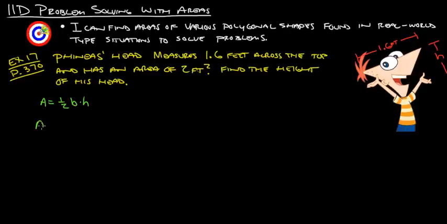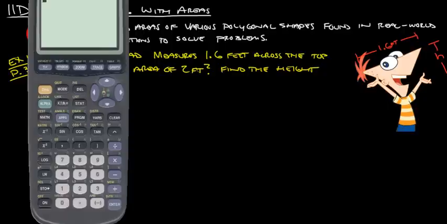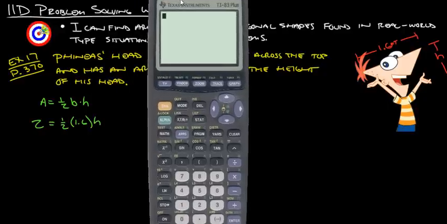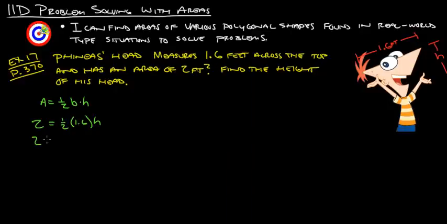We know what the area is. It's 2 square feet equals 1/2. The base is 1.6, and we are trying to figure out what the height is. So we can now just plug in our information into our calculator and solve, right? So we can do half of 1.6. Well, we know that that is just 0.8 times h.